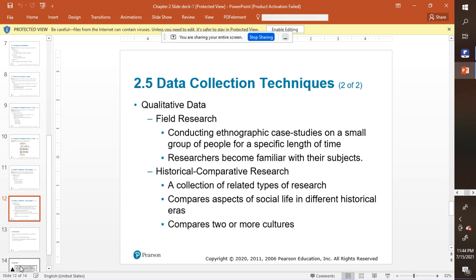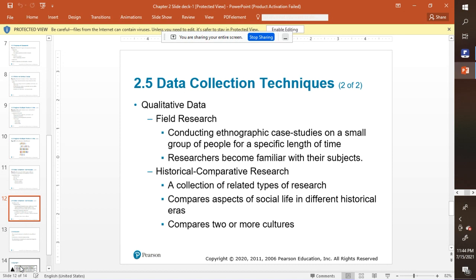This is so that they do not change their behavior. For example, ethnographic research in Africa in refugee camps is a kind of research trying to look at the Africans in refugee camps in terms of their customs, their habits, and their mutual differences.